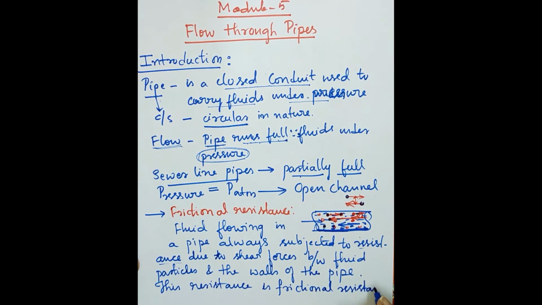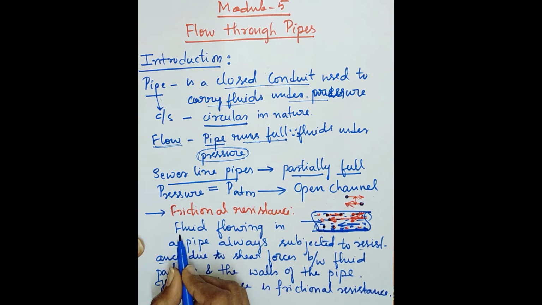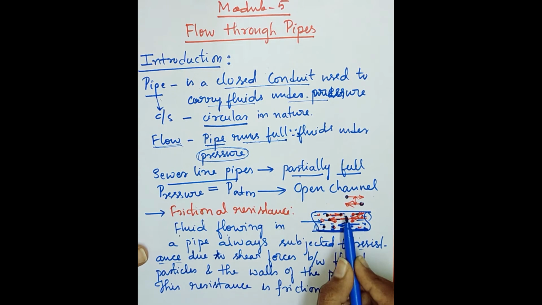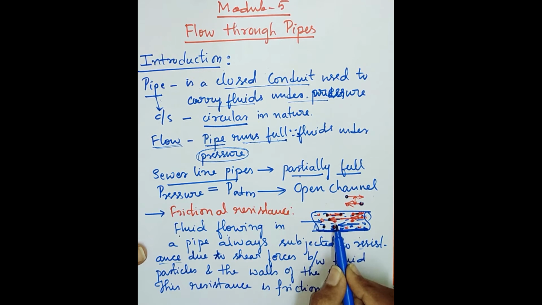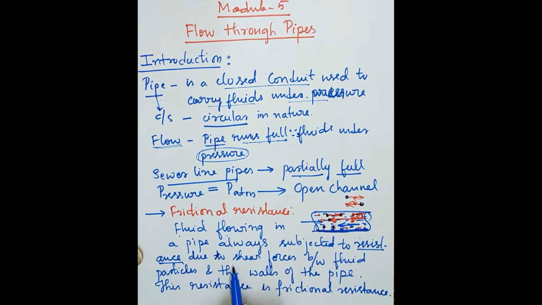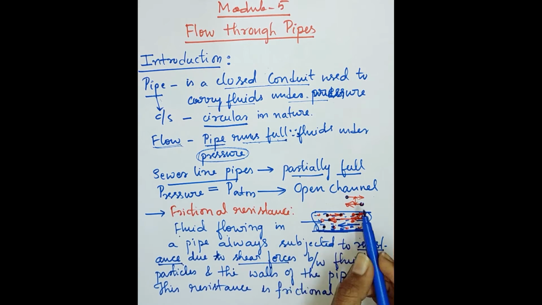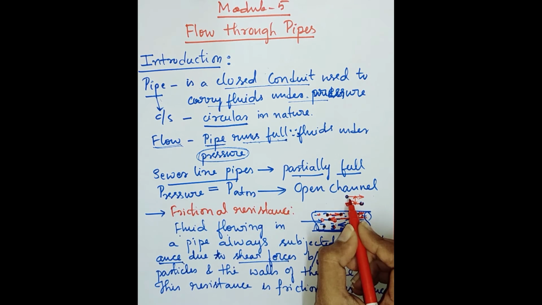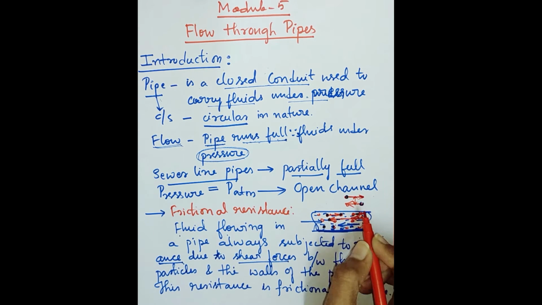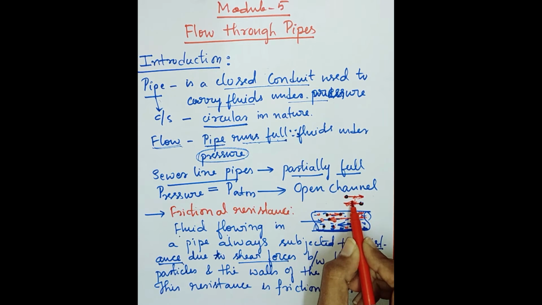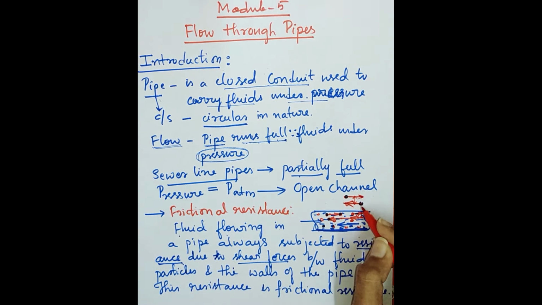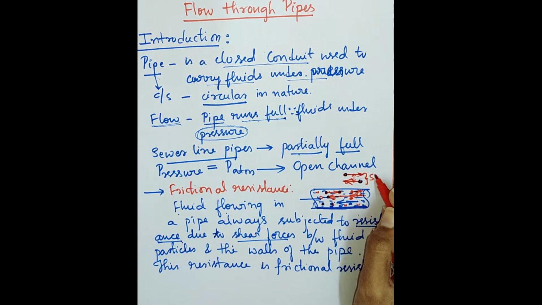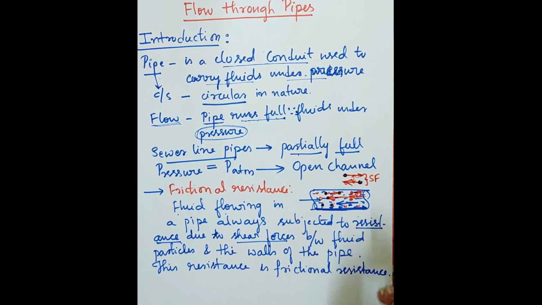So what is frictional resistance? Once the fluid is flowing inside the pipe, that fluid will be subjected to a resistance, which is due to the shear forces. How are the shear forces going to develop? As you see, one particle will be moving in this direction, the other particle will be moving in the opposite direction. So this forms a shear force between these two particles.